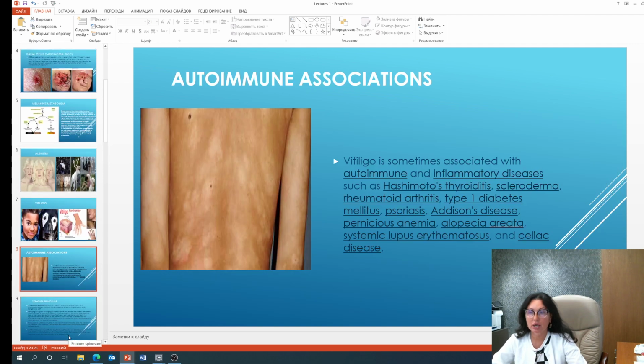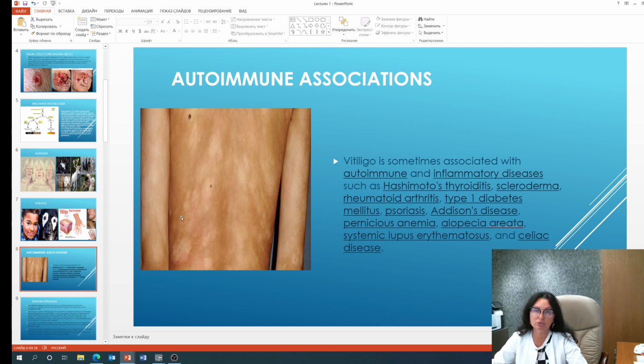Vitiligo is sometimes associated with autoimmune and inflammatory disorders and other diseases such as Hashimoto thyroiditis, scleroderma, rheumatoid arthritis, diabetes type 1, psoriasis, Addison disease, pernicious anemia or B12 anemia, alopecia areata, systemic lupus erythematosus, and celiac disease.